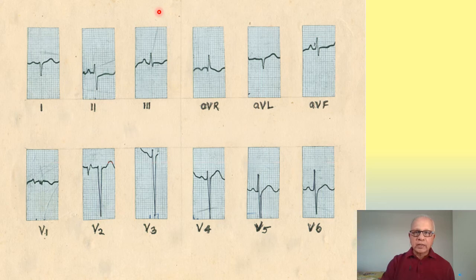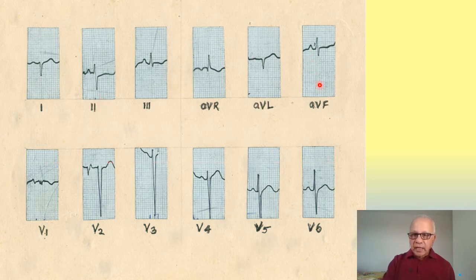Now if you look at lead 2, it is biphasic but more negative than positive. And then you come to lead aVF, right? Here it is more positive and less negative. That's also biphasic.